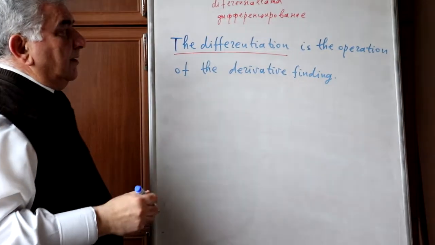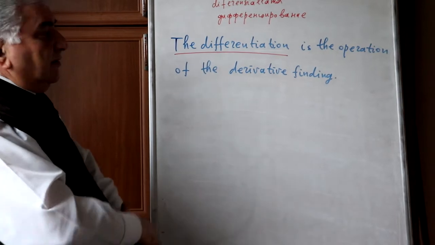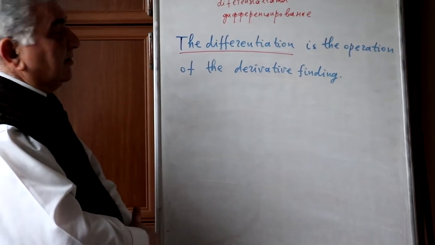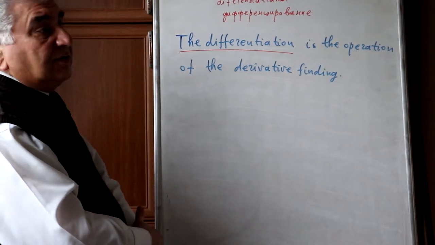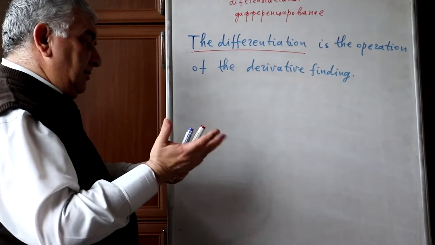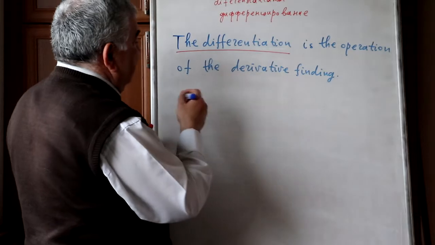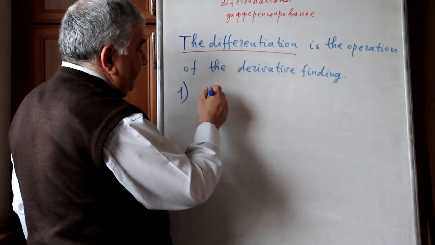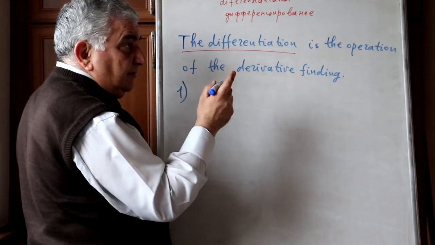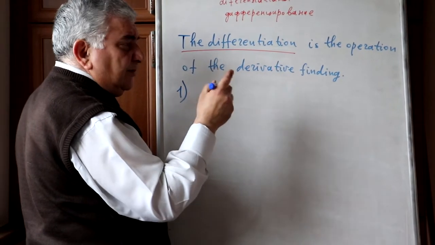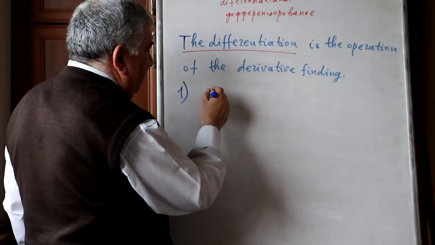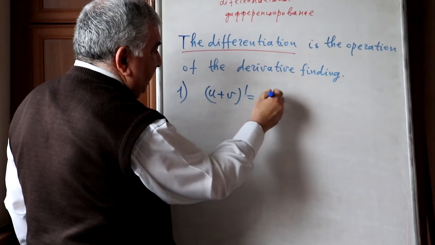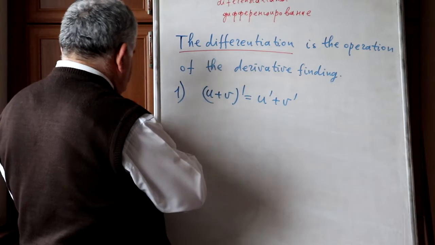In other words, in Russian, differentiation это действие по нахождению производной. Then now write the corresponding formulas. Differentiation of a sum: the derivative of the sum is the sum of derivatives. u plus v prime is u prime plus v prime.